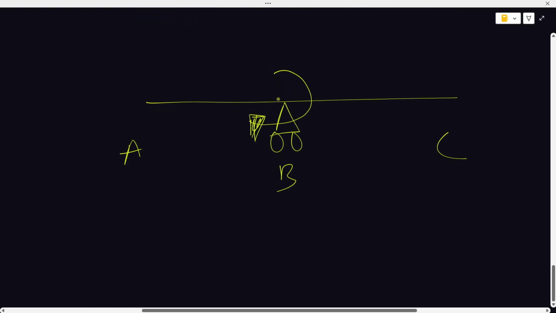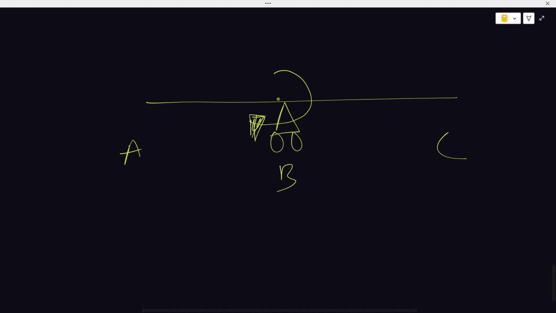Now, distribution factor is saying how can I distribute this applied moment at B to BA and to BC, that is, to the end of AB at B and to the end of the portion BC at B. That is what distribution factor helps us to do.